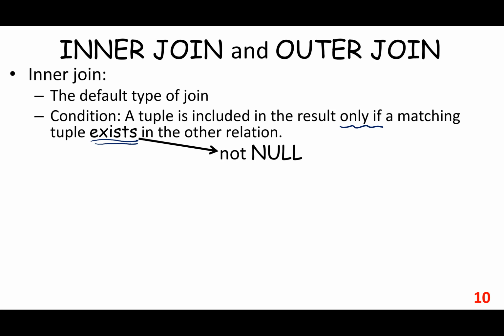Because you write a join condition, let's say attribute 1 equals attribute 2. If attribute 2 happens to be a null value, you should not select it, because it does not exist. If attribute 2 is null, then it is not selected.